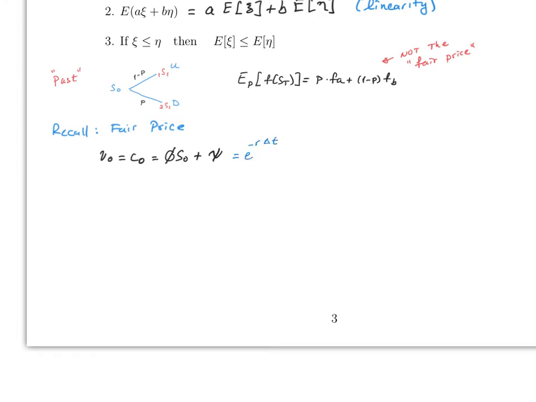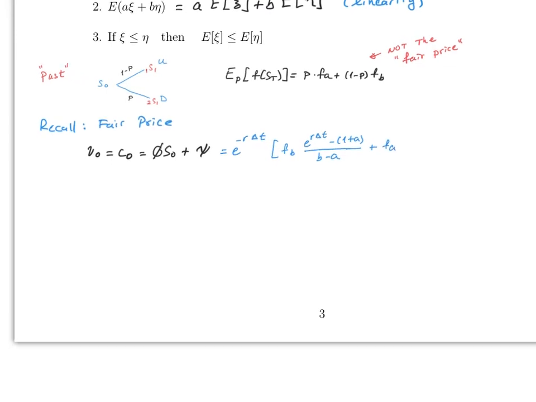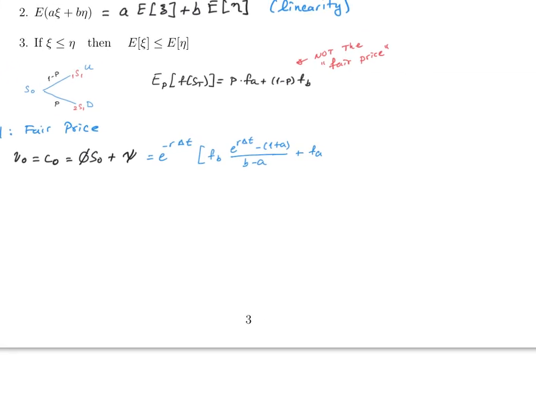If you rearrange things slightly, you can write the whole thing as a single formula like this: e to the minus r delta t, f of v times (e to the r delta t minus 1 plus a) divided by (v minus a), plus f of a times (1 plus b minus e to the r delta t) over (v minus a).